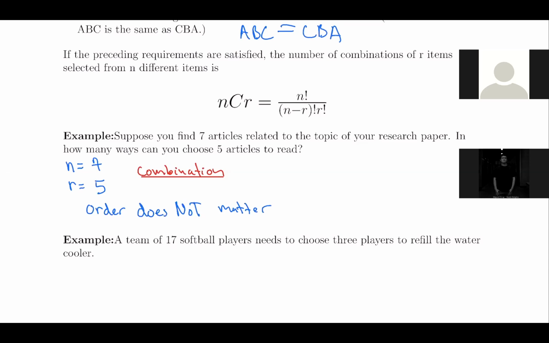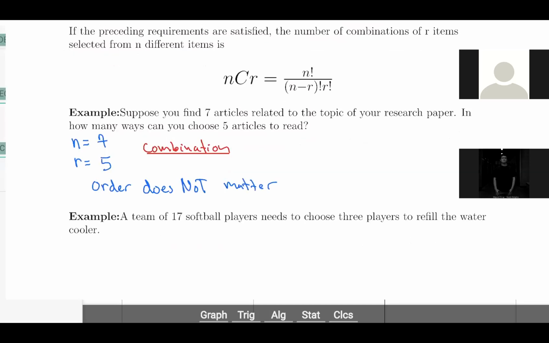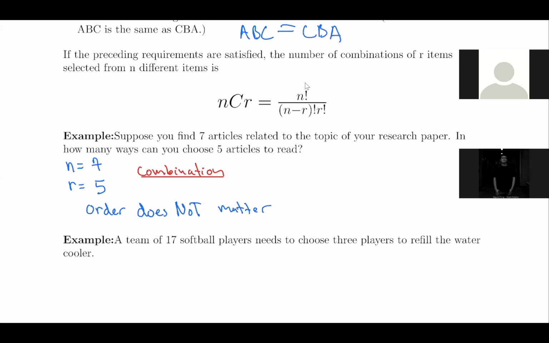Sweet. All right, so up next, we're going to do the math. If you look right here, it says n factorial. So that means we're going to put 7 factorial. Right here, it says n minus r. So if I do 7 minus 5 factorial, and then right here is r factorial, so that means it is 5 factorial.